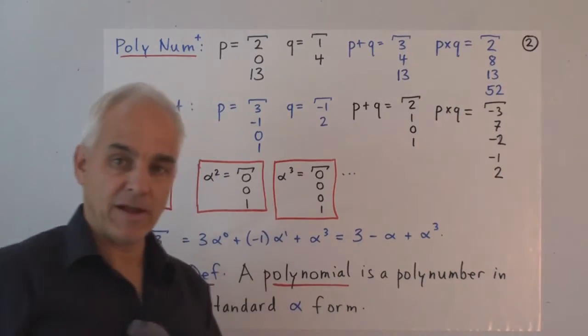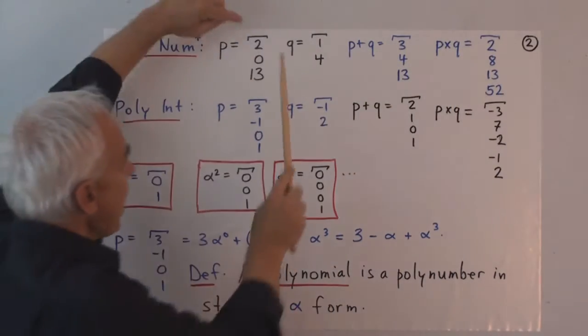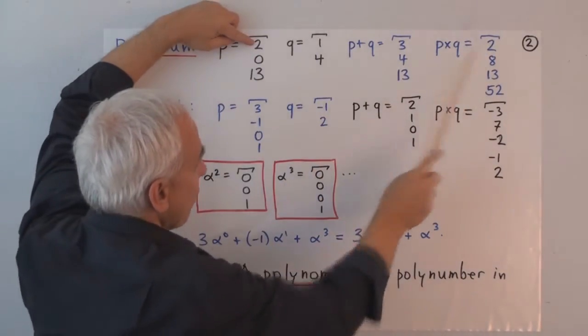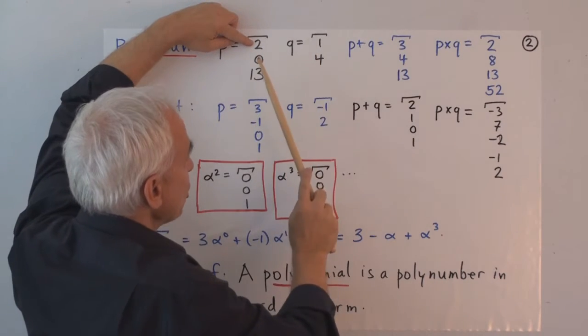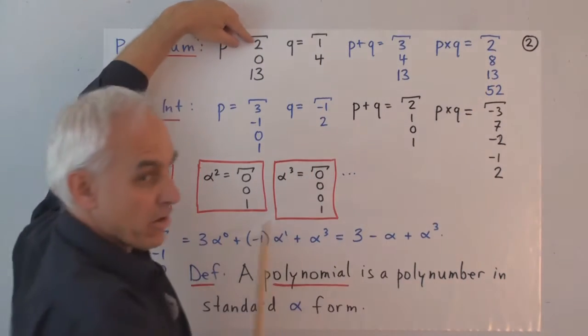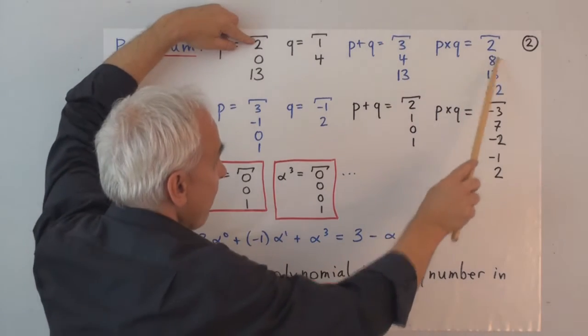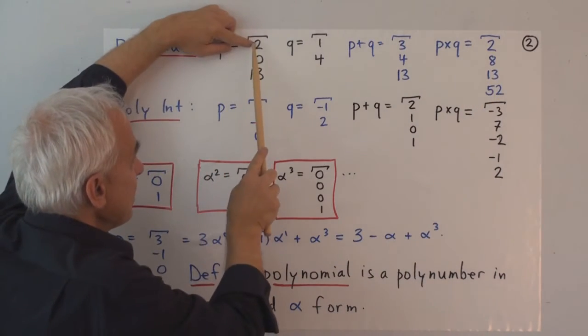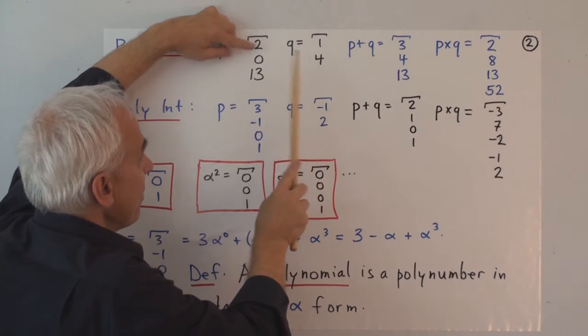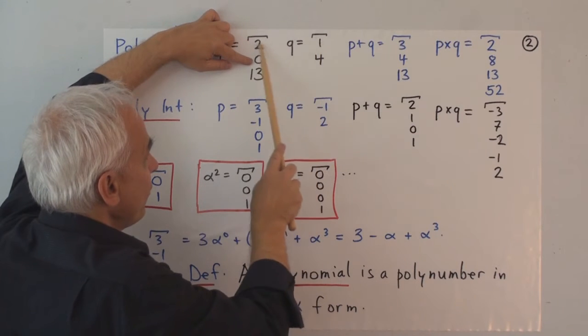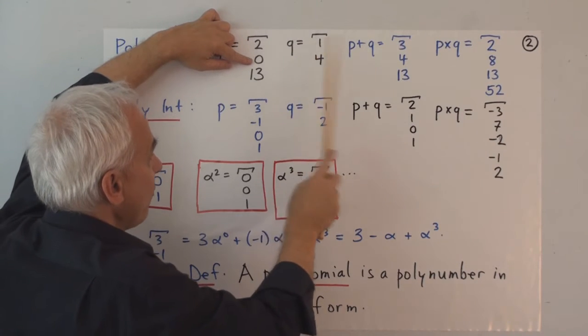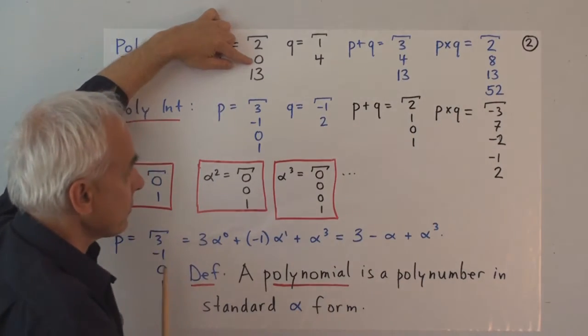Multiplication is more subtle. At the top level, the 0th level, the multiplication of these two is just like ordinary multiplication. 2 times 1 is 2. At the second level, we take this times this plus this times this. So 2 times 4 plus 0 times 1 is 8.